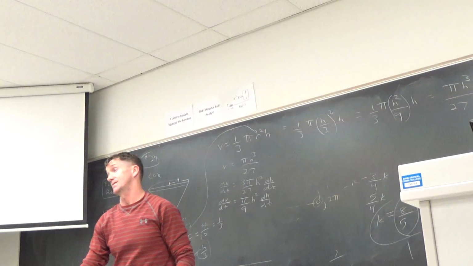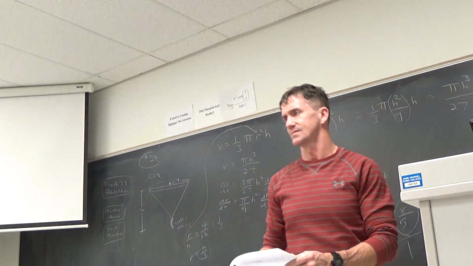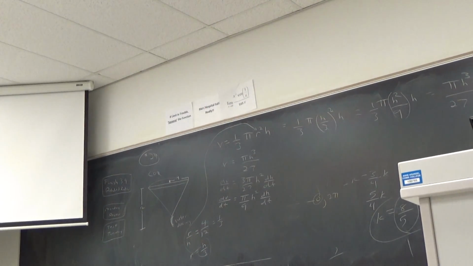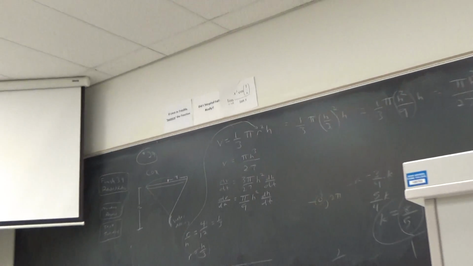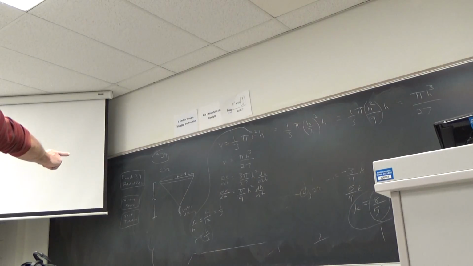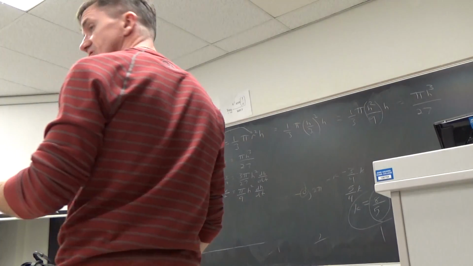Let me say that again. The depth h in feet of the water in a conical tank is changing at the rate, that's a rate of change. They're saying the rate of change of the height with respect to time is h minus 12.